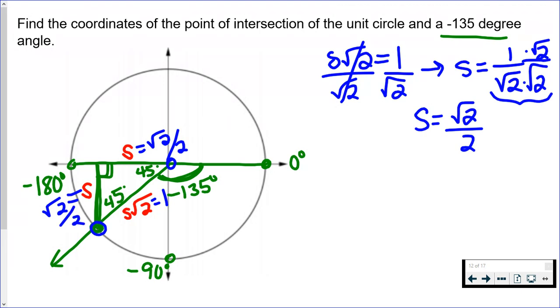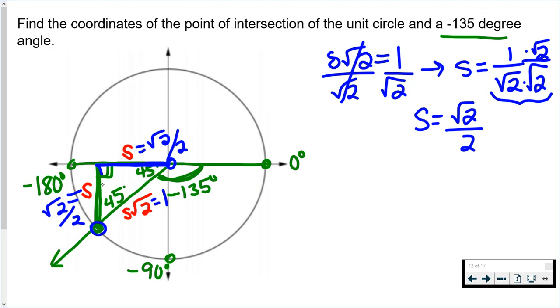Now remember, we're trying to find the ordered pair on the circle. So you can see that it's in quadrant 3, which means we move to the left and we move down to get to that point. I moved to the left along this triangle, a length of square root of 2 over 2.